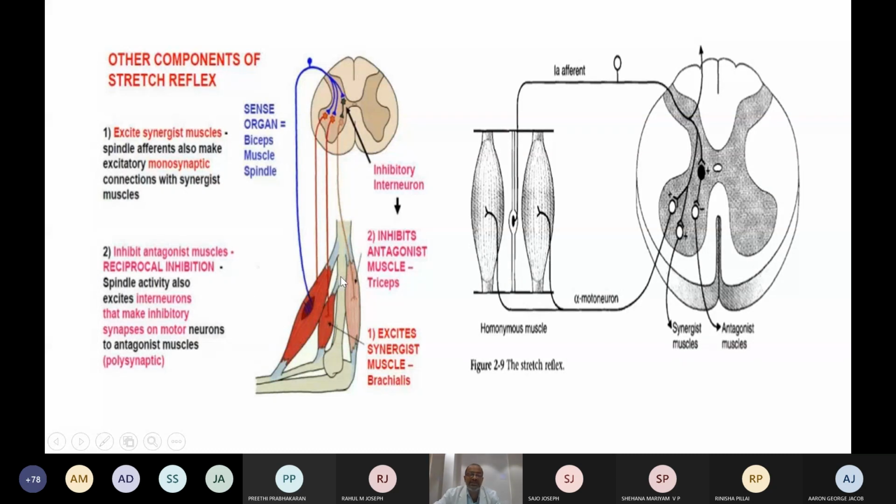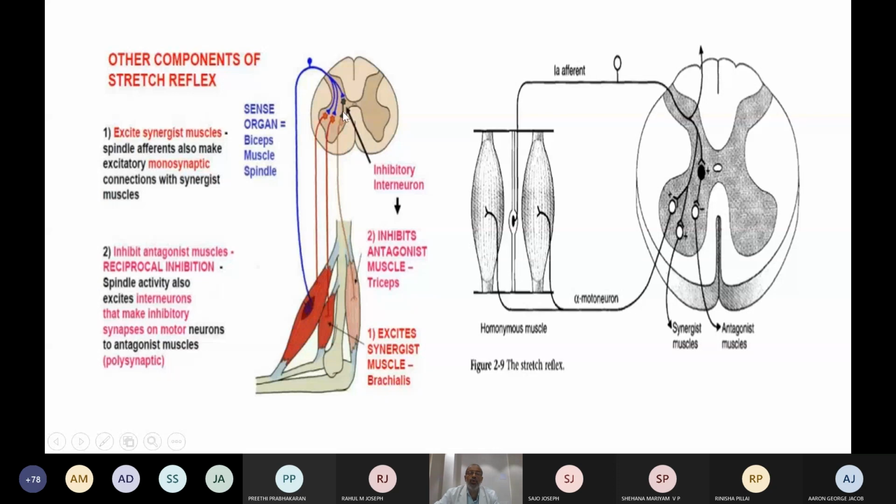What is being observed predominantly? You are going to have contraction of the biceps, and there may be contraction of the brachioradialis also. As a result, there will be visible flexion at the elbow joint. And to facilitate the contraction of the biceps, meantime, the diagonally opposite muscle, that is the triceps, should have its activity inhibited.